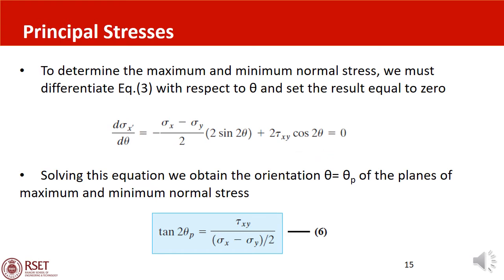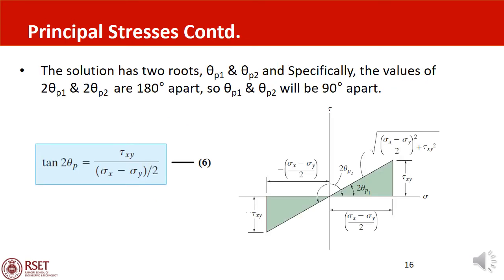Solving this equation, we get the orientation theta p of the planes of maximum and minimum normal stress. We call these planes principal planes, and that is why we use the suffix p for theta. The expression that we get is tan 2 theta p equal to tau xy divided by sigma x minus sigma y by 2. We call this equation 6.